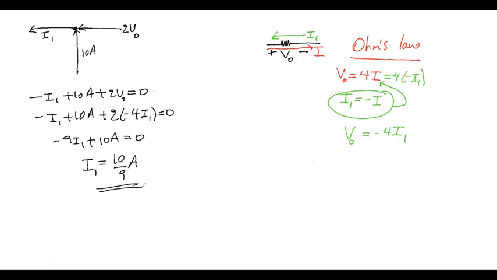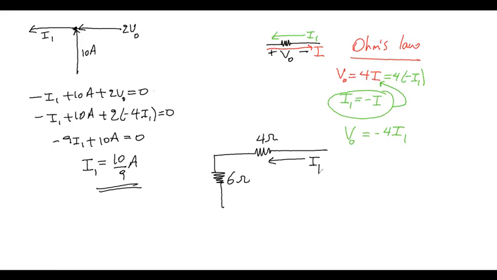The question asks us to determine the voltage across each resistor. The 6 ohm resistor is here, and the 4 ohm resistor is here, and this is I1. I1 is the current that goes through the 4 ohm and the 6 ohm resistor.